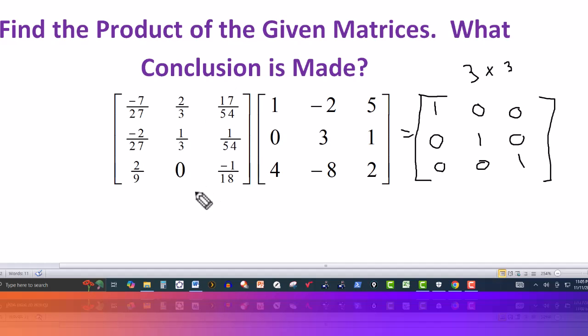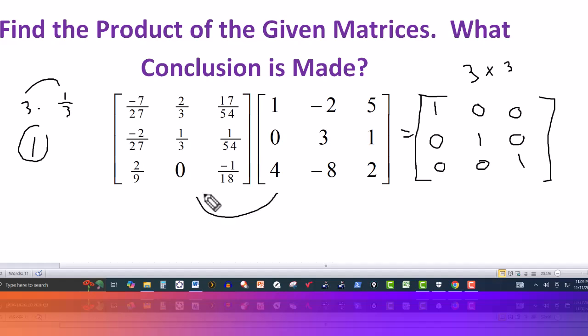Well, even with regular numbers in algebra, when you multiply 3 times 3 to the negative 1, which is the same thing as 1/3, and the multiplicative identity for multiplication with numbers is 1. 3 times 1/3 is 1. So these two are multiplicative inverses.